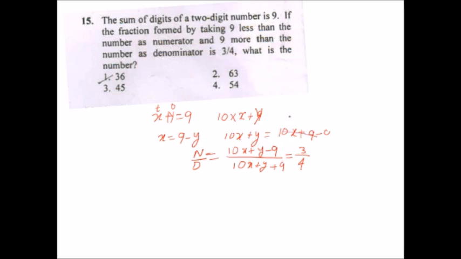So we will get 10 into (9 minus y) plus y, minus 9, divided by 10 into (9 minus y) plus y plus 9, is equal to 3 by 4.